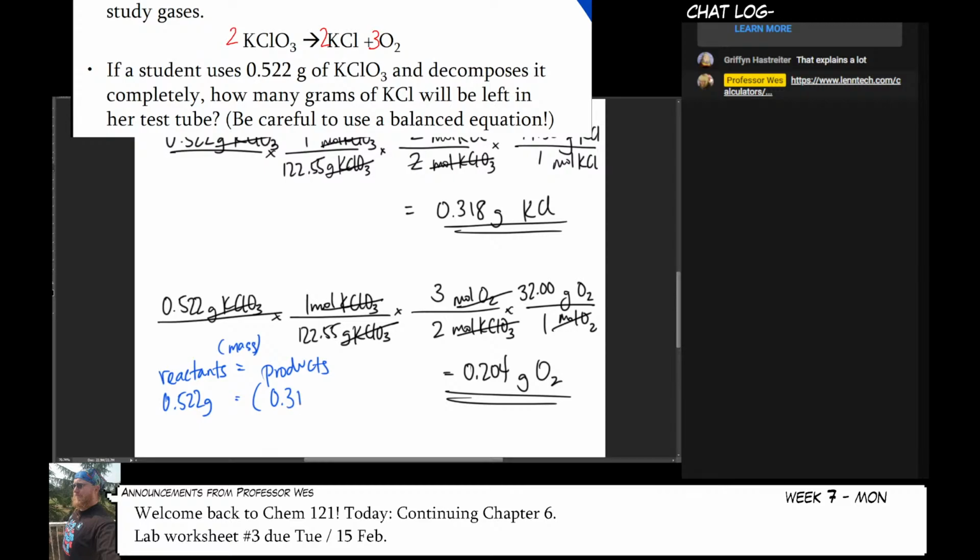So one product was 0.318 grams, and the other was 0.204 grams. And if you punch that in your calculator to that number of significant figures, lo and behold, that's what you get. So that verifies that the conservation of mass was followed for this problem, and in fact, for any chemical equation, it is followed.